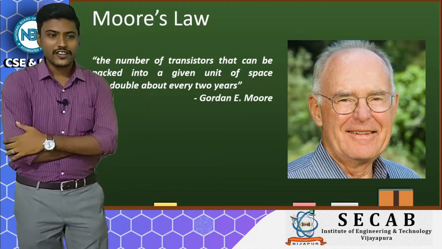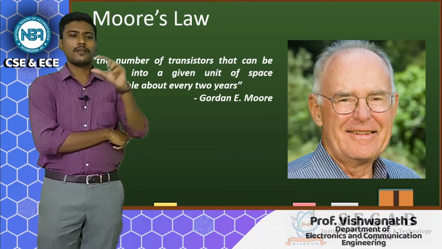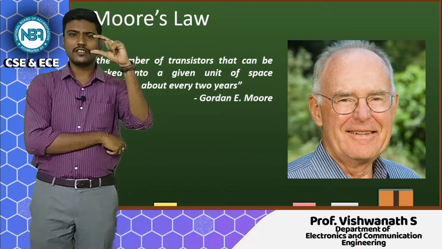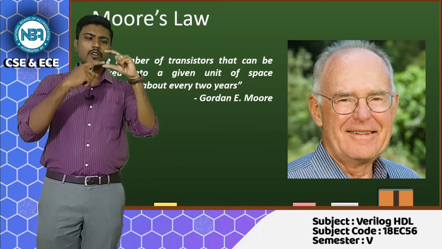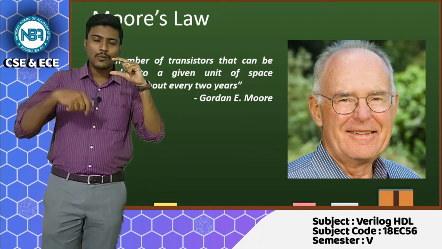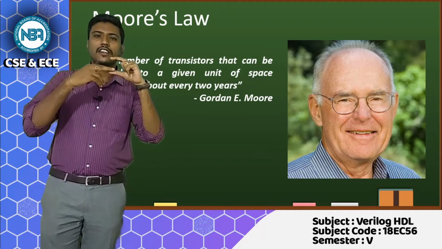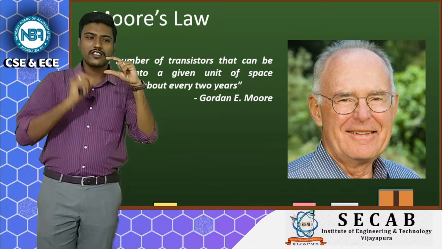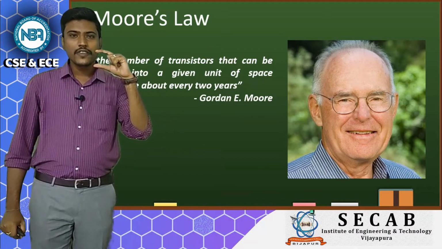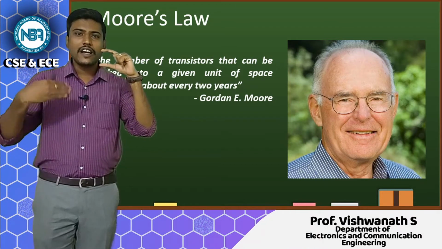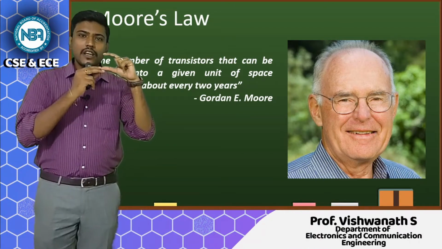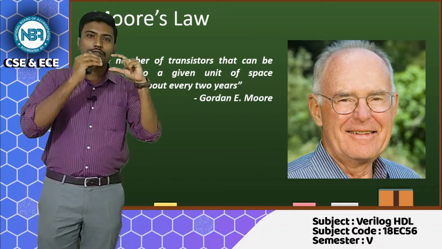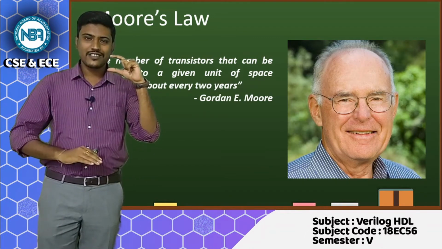What he said is, suppose at this moment of time I can integrate, let me consider, 10 transistors into this particular chip. After 18 months I should be able to integrate 20 transistors.